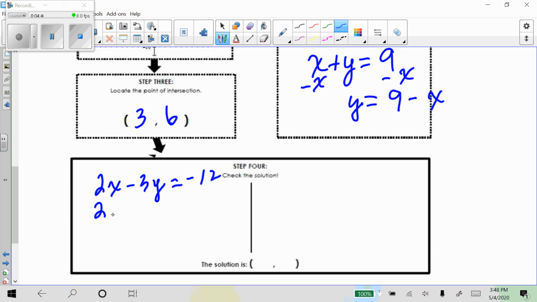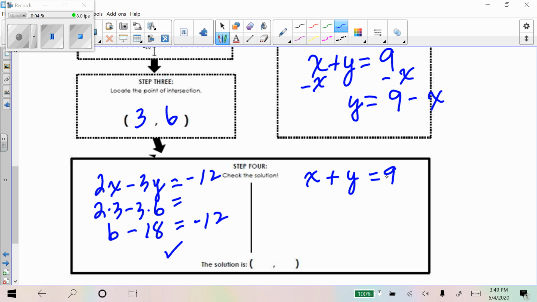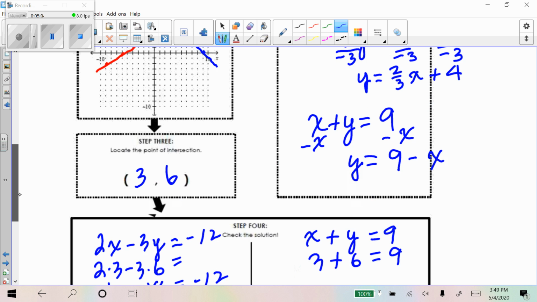If I do 2 times 3 minus 3 times 6, that's 6 minus 18, which equals -12. So that side's good. And our other one was x plus y equals 9. If I do 3 plus 6, that definitely equals 9, so that checks, and the solution is definitely 3, 6.